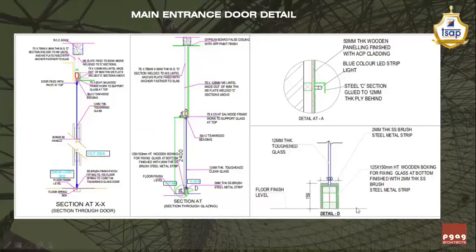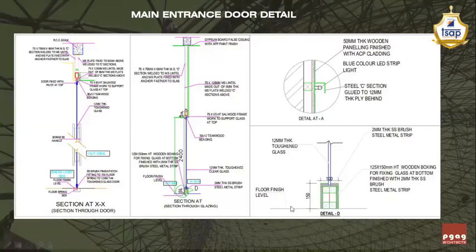This detail shows the skirting box, where the skirting box is made out of plywood, but the final finish of the block is a 2 mm thick SS brushed steel metal strip. Then you are writing the thickness of the glass as 12 mm toughened glass.